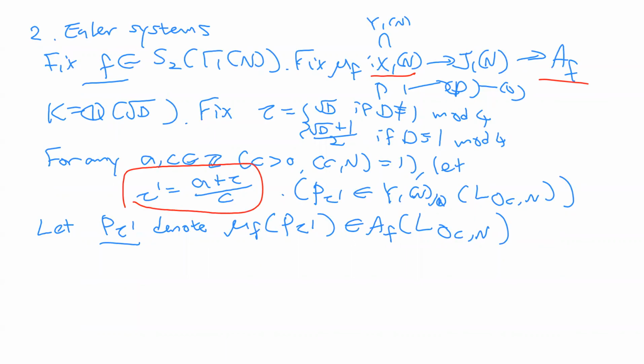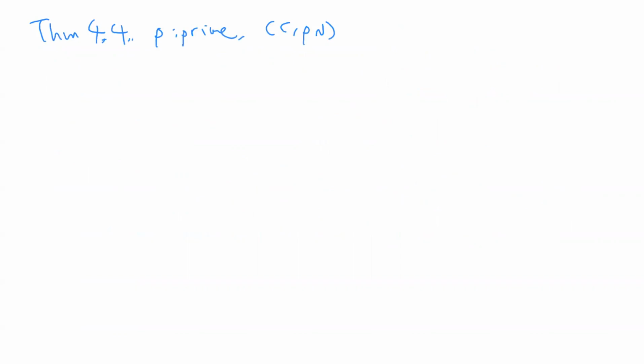Okay, say C is prime to Pn, and P is congruent to 1 mod n, and say P is unramified and inert over K over Q. Just like in the Heegner point case, but this is new.